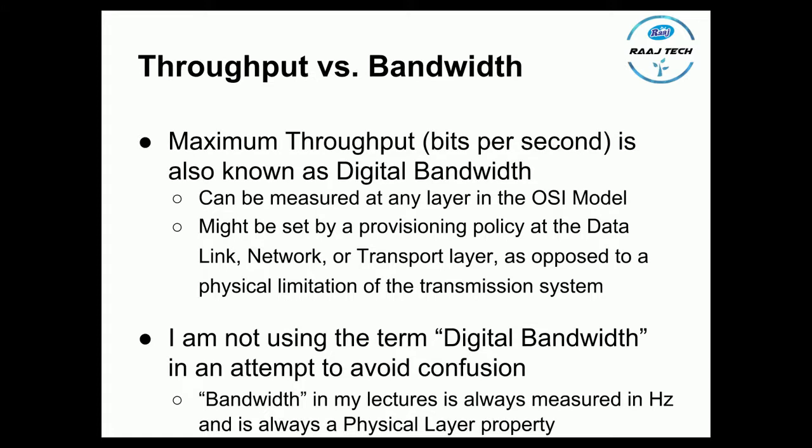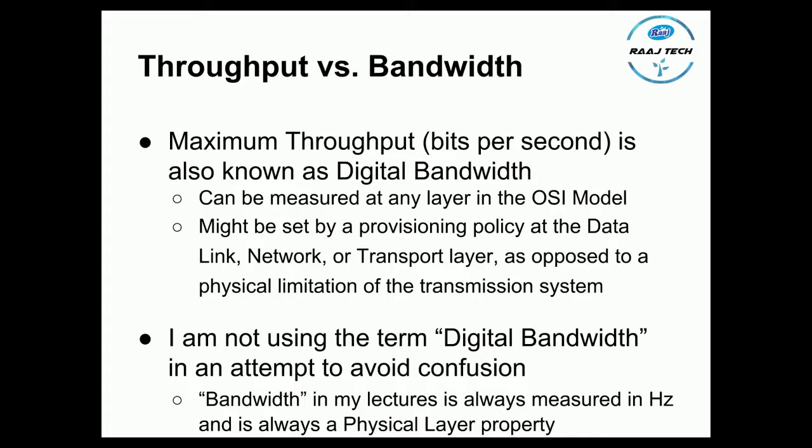There is a term that is also used to describe maximum throughput, and that term is digital bandwidth. It's measured in bits per second, measured at any layer in the OSI model, and it's kind of a weasel word, because the bandwidth, meaning digital bandwidth, of a networking system could actually be set by a provisioning policy at the data link, network or transport layer, and it might not be a physical limitation of the actual transmission system.